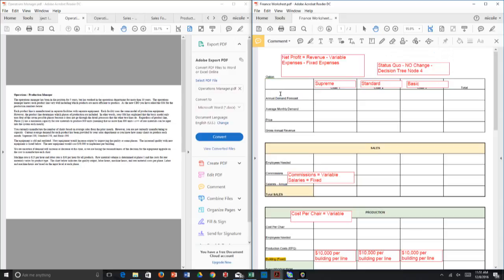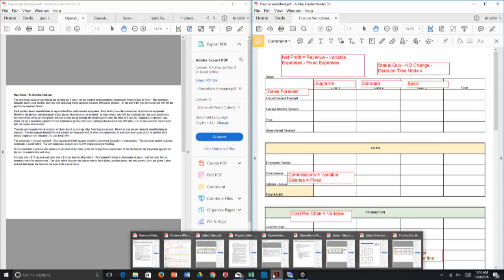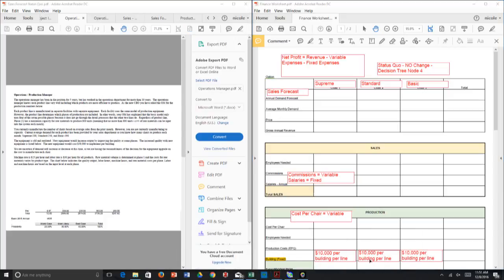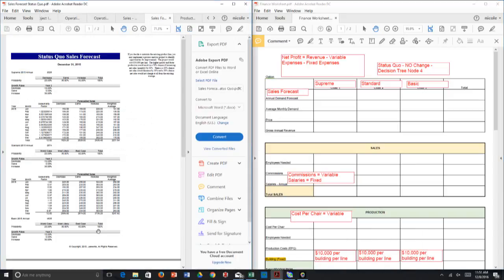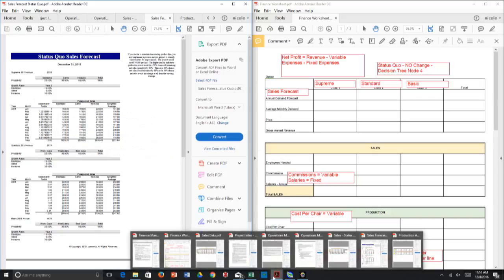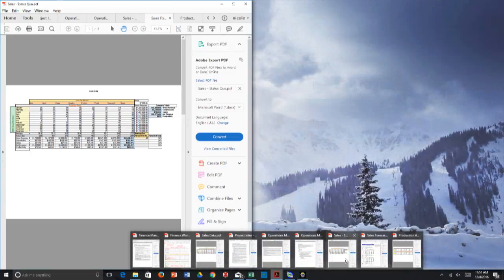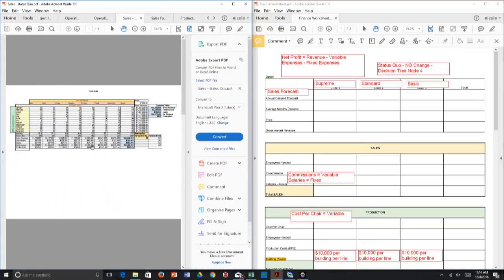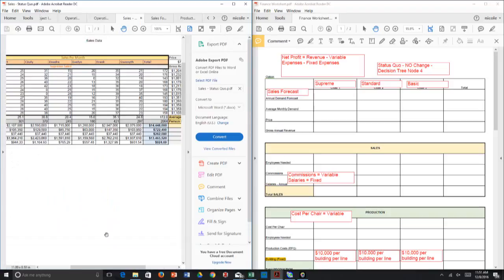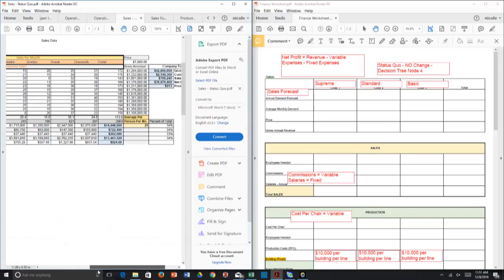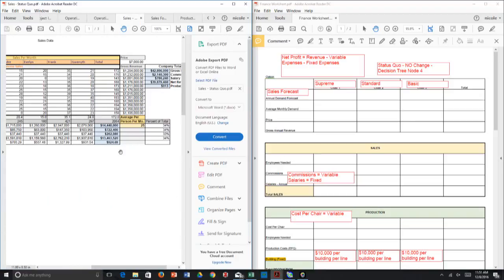Our annual demand forecast is going to come from our sales forecast. So when we went through our sales forecasting methods, we completed a seasonality factor. We had 2 worksheets essentially that we needed to complete. The first one told us a couple of different pieces of information that we're going to need.